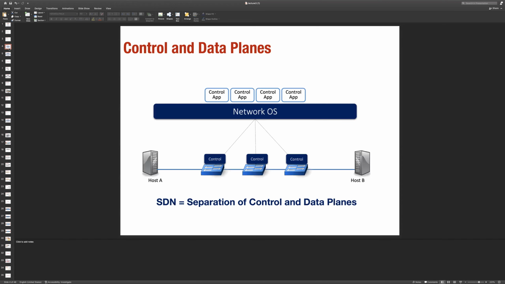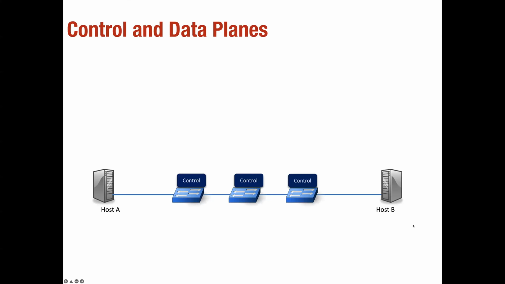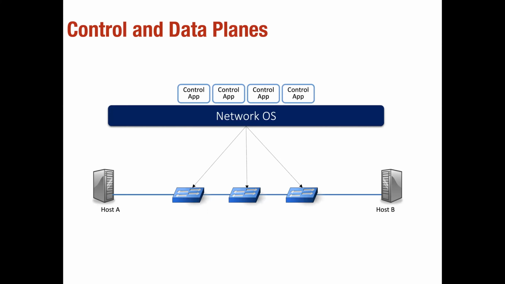So we know that in software-defined networking, separation of control and data planes is very fundamental, right? Software-defined networking is all about taking these control plane elements from these devices, making them dumb, having a network operating system, which offers a simplified abstraction to the control applications, and then control applications work on that graphical view of the network and apply their policies, right?